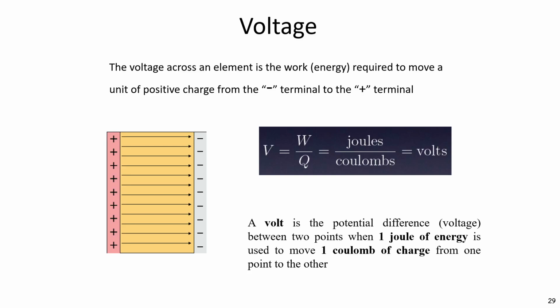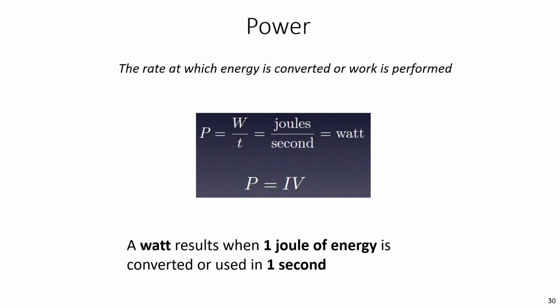Okay. And for the voltage, physically it is joule per coulomb. We call it volt. And for power, it is joule per second, or we can call it watt. Usually in electrical we use watt rather than joule per second.